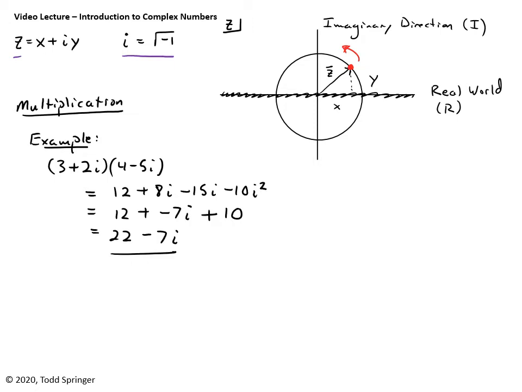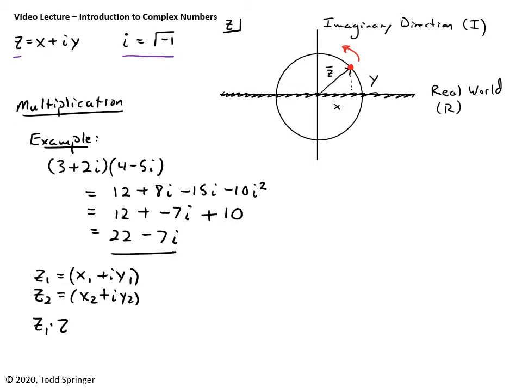If you're going to do it in general, maybe you have z1 is equal to x1 plus i y1, and then you have z2 is x2 plus i y2, and then you're multiplying those two numbers together.